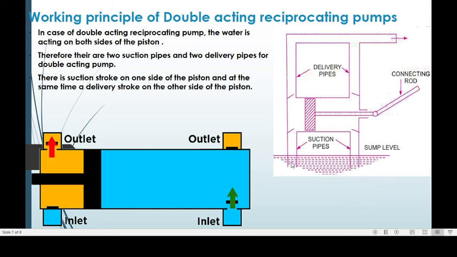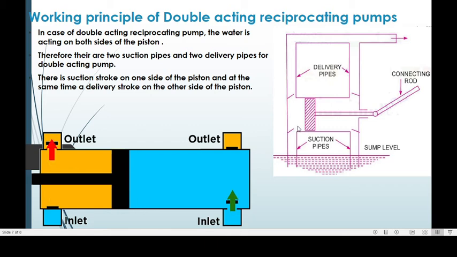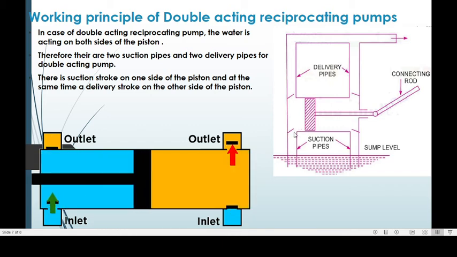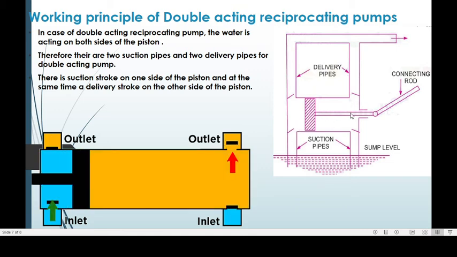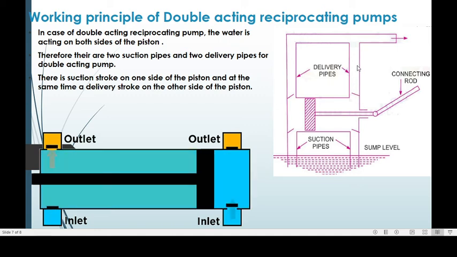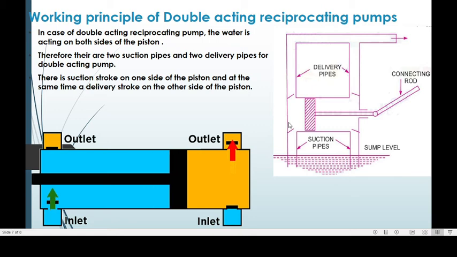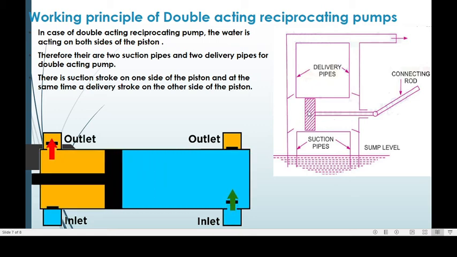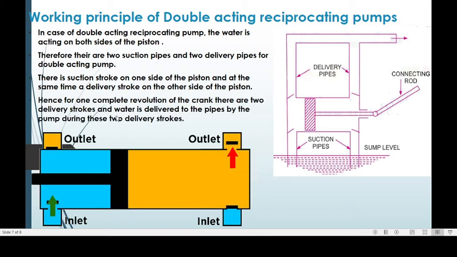As I have told, when on one side the water is in suction, this suction valve is opening and water is entering, and as it goes here, the water is delivered in this delivery pipe. So on one side the water is sucked, and simultaneously on the other side the water is delivered, so a delivery stroke is happening.